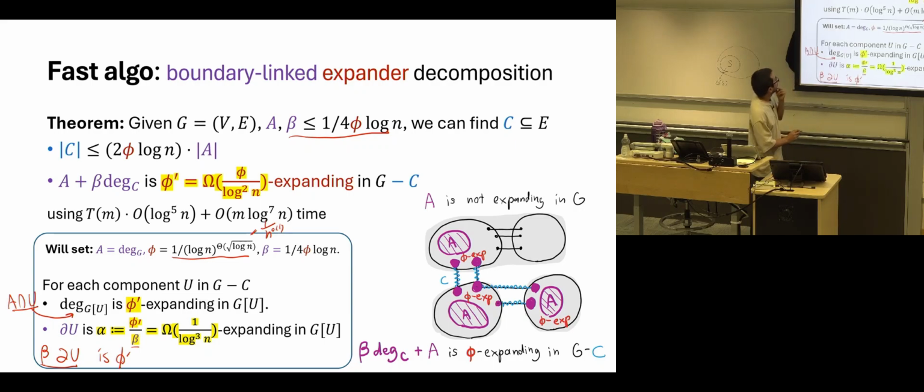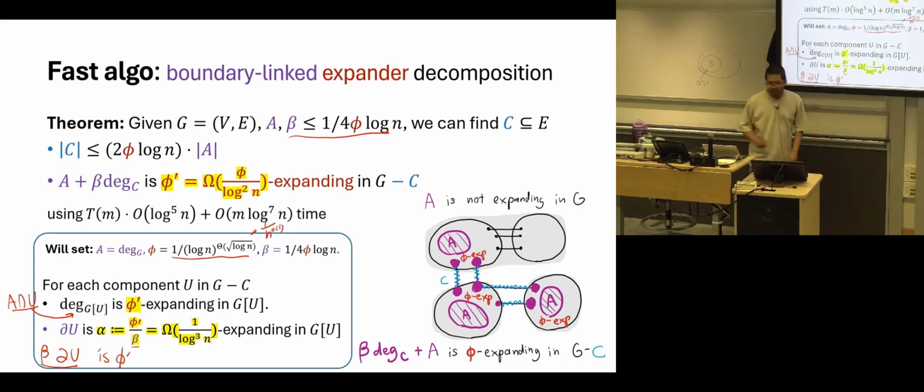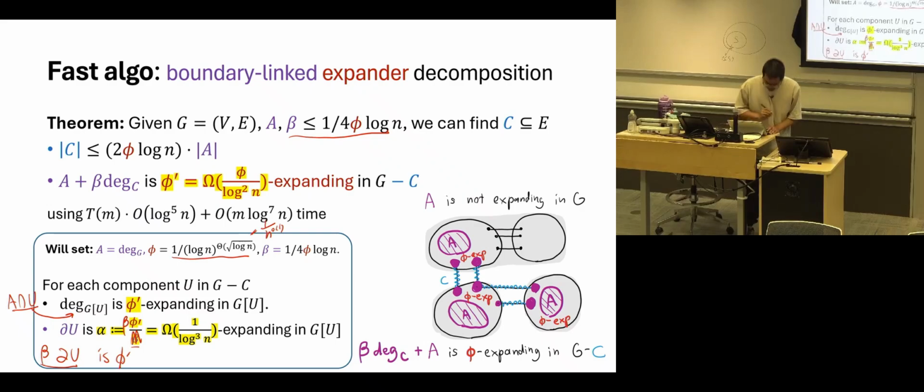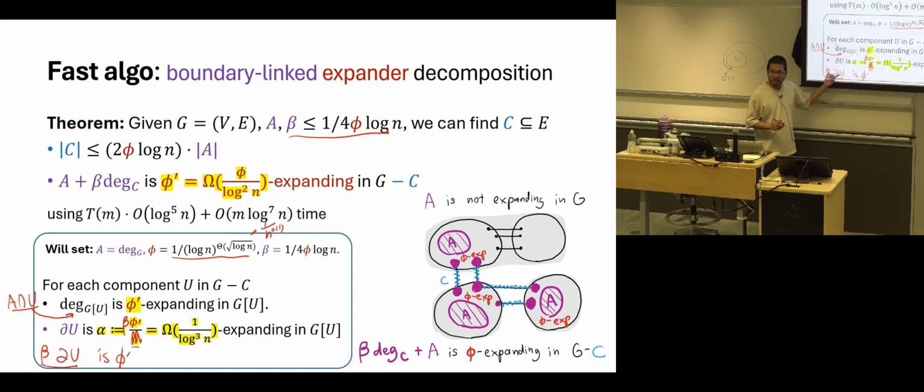Wait, is it? No, it should be beta times this thing, right? Yeah. Even if you scale up the boundary by beta, it is phi prime expanding. So if you look at this thing only, then it's going to be beta phi prime expanding.